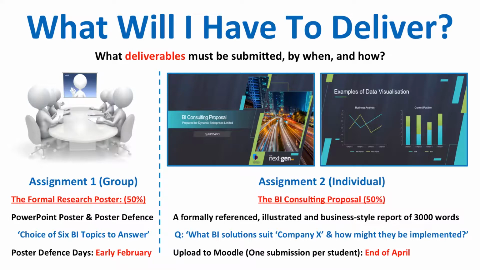So what will you have to deliver? The group assignment 1, this is the group research poster, it's worth 50% of the unit mark. The individual assignment 2, the BI consulting proposal, is worth the other 50% of the unit mark. Your tutors are available throughout the course to help you if you get stuck, and you'll probably learn an awful lot during the course.